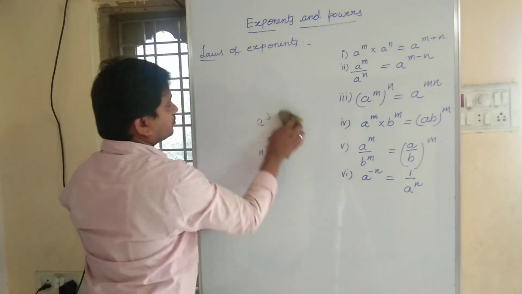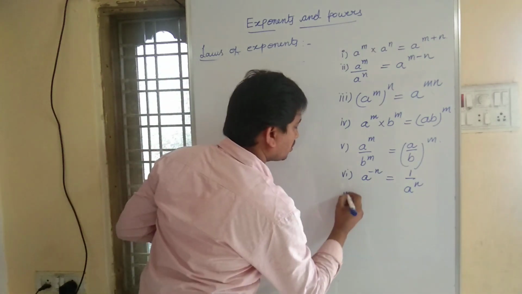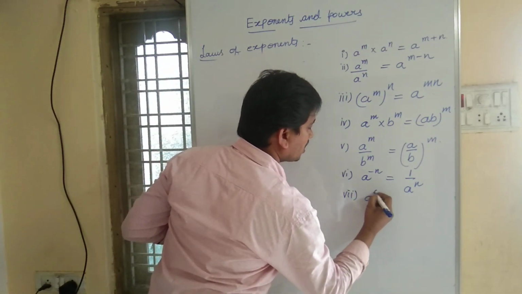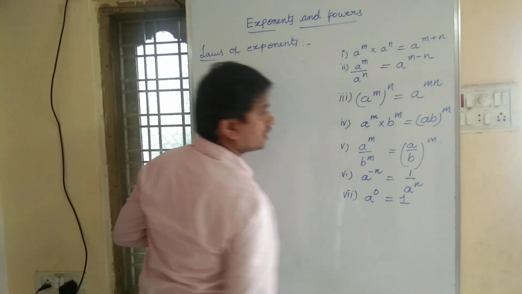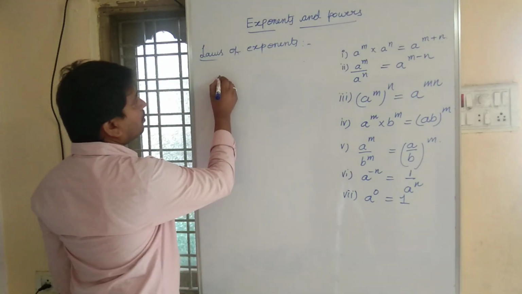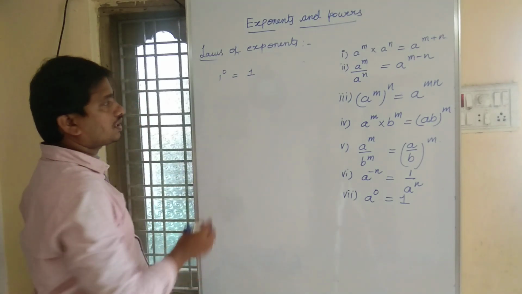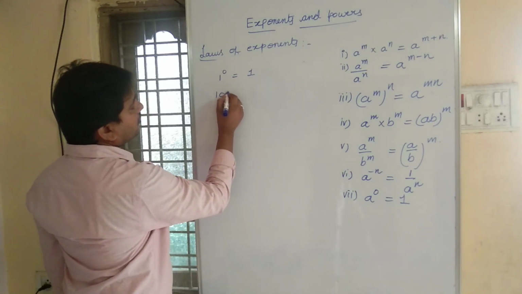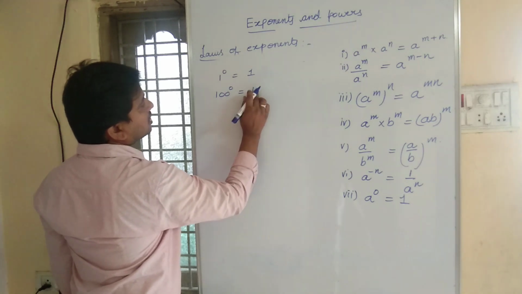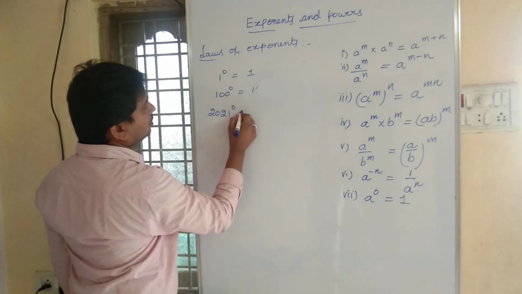Now coming to one more law of exponent, that is anything raised to the power 0 is equal to 1, children. For example, 1 power 0, 1 only. For example, 100 power 0, 1 only. For example, 2021 power 0, 1 only.